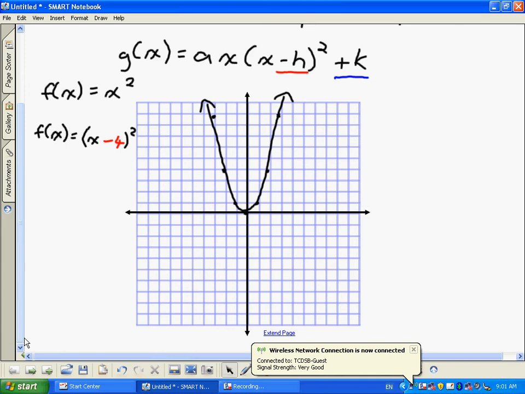We're going to move the vertex of the parabola 4 to the right. So we go 1, 2, 3, 4. Our new vertex is there. Because H is the only number we have, the rest of the parabola is drawn the exact same. So vertex here, 1 over 1 up, 2 over up 4, 3 over up 9. And here.